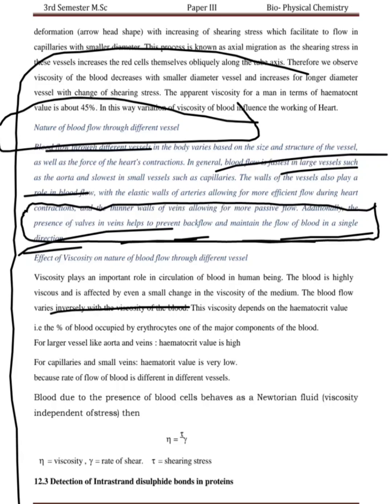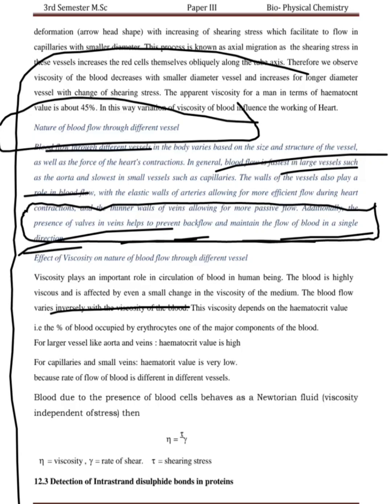If the viscosity is high, the flow will be very low, and if the viscosity is low, the flow will be high. So depending on the viscosity, the blood flow will vary.